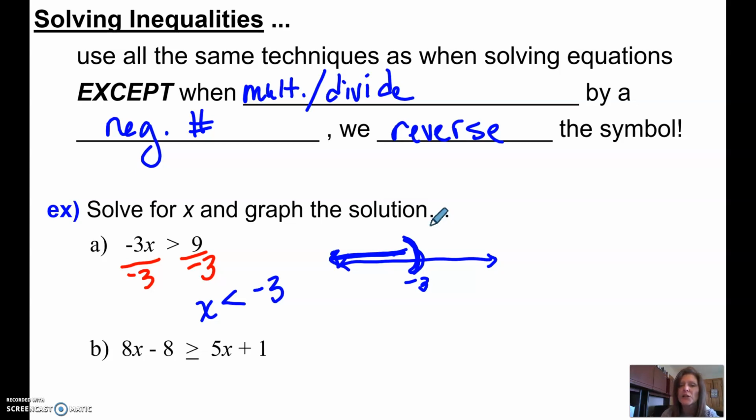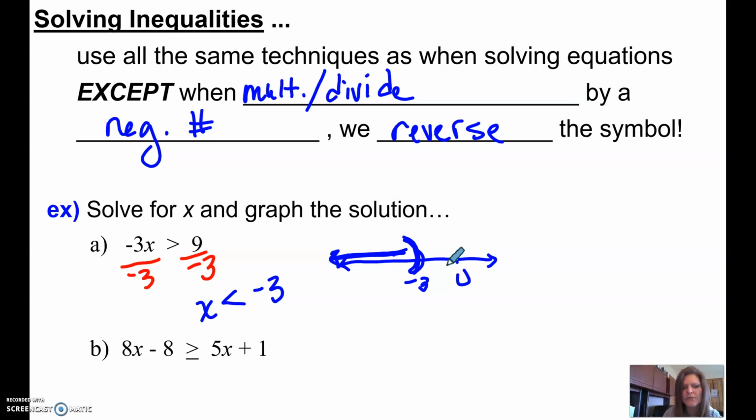Now you can always check your work by saying, okay, 0 is something over on the right side. It's not part of my solution, right? It shouldn't work. So if I put 0 into the original inequality, negative 3 times 0 is 0. 0 is greater than 9 is false. So 0 shouldn't be part of the solution. So I think I've shaded the right side.